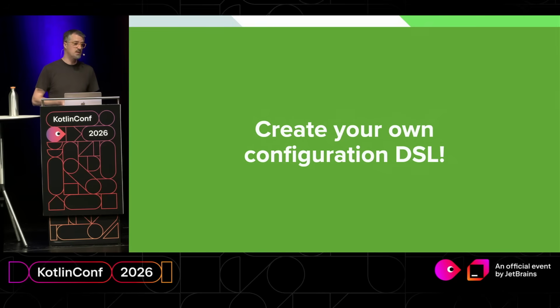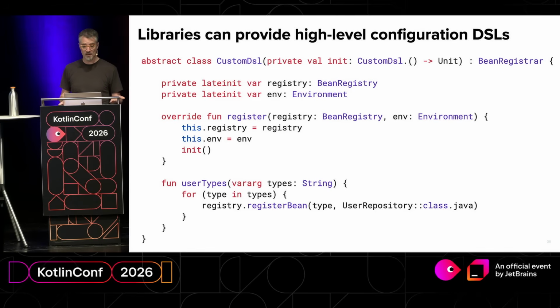Typically in the Spring world, we are usually using @Configuration and @Bean. But for more complex use cases, think about Spring Security, for example. Spring Security is providing a DSL to configure Spring Security because with annotations, you can't provide all the nuances. And you can do the same for your library, for your context. And so you can provide your own custom, highly configurable DSL.